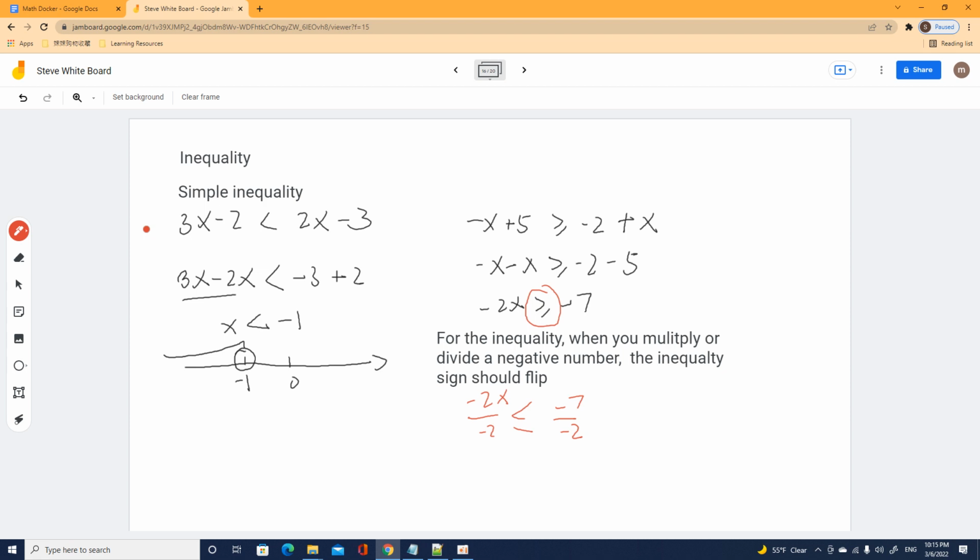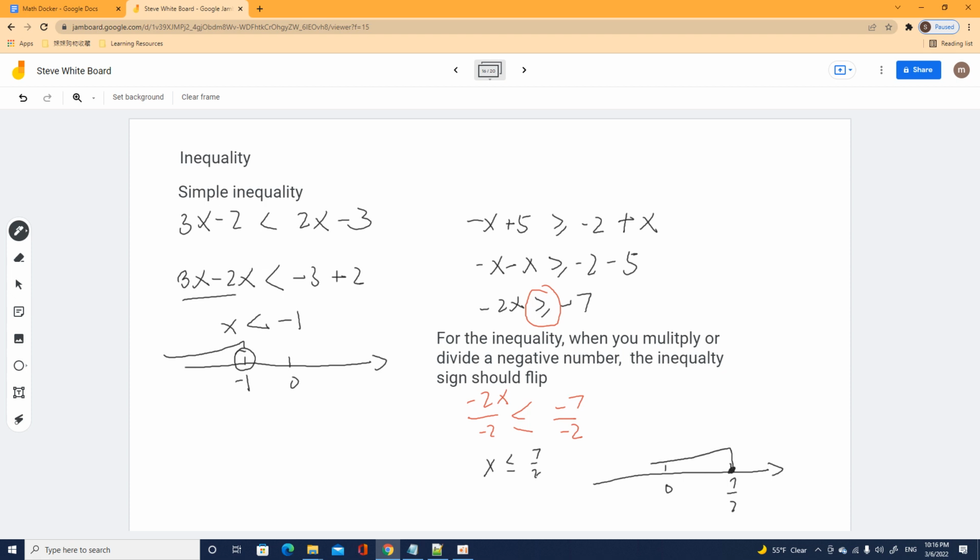So we get the final result, x is smaller or equal to 7/2. For graphing on the number line, we select 7/2, and because this time it includes 7/2, so that is a dot, not a circle.